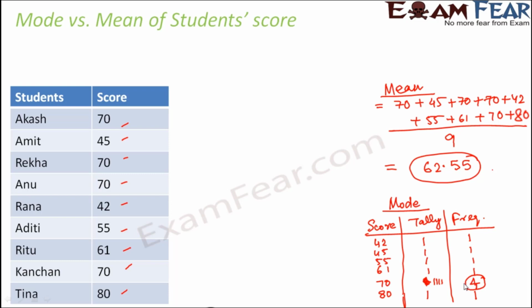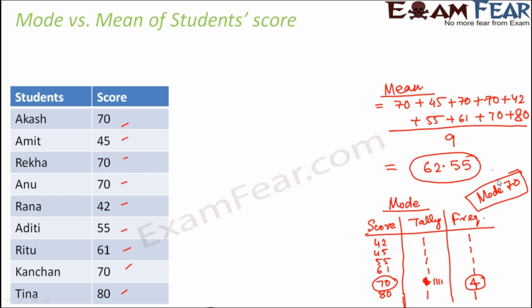And this maximum frequency is for which data? It is for 70. Therefore, the mode of this data would be 70. So what does this mean? This means that maximum number of students in the class scored 70. So you see the values of mean and mode, they are not equal. Mean is 62.55, mode is 70.